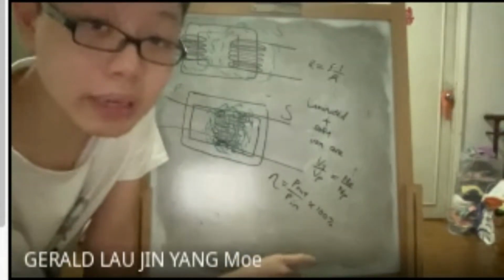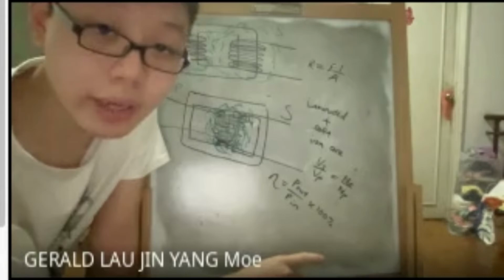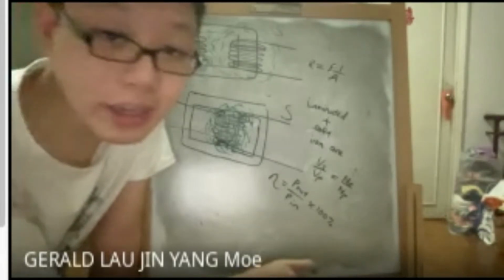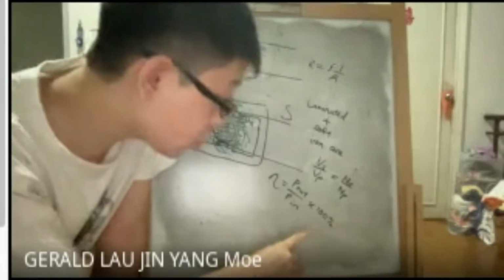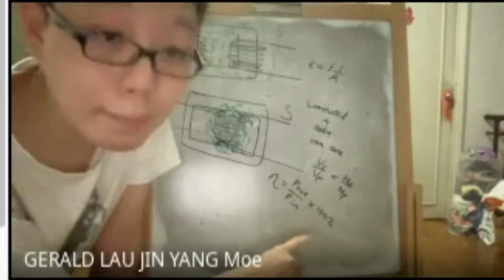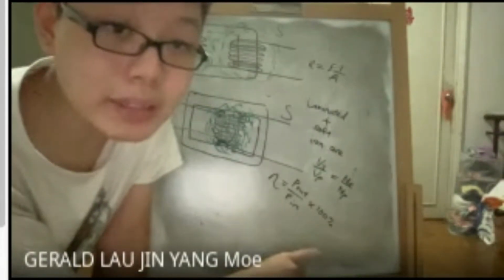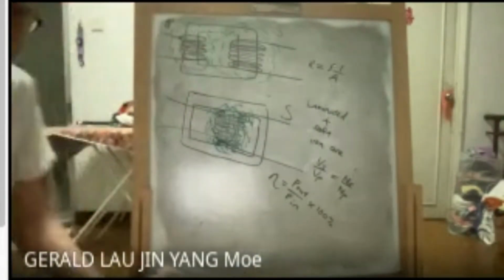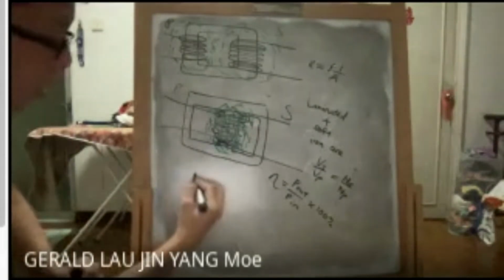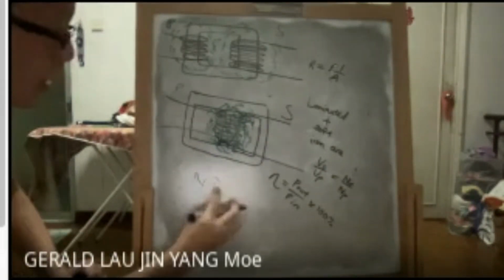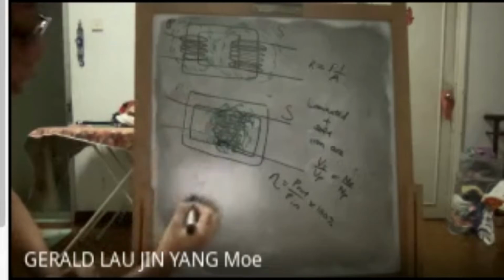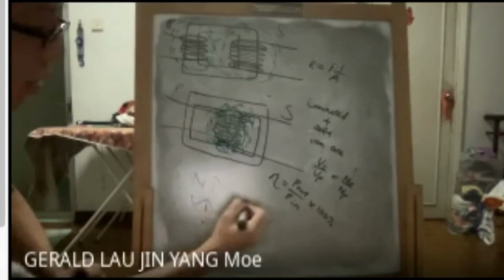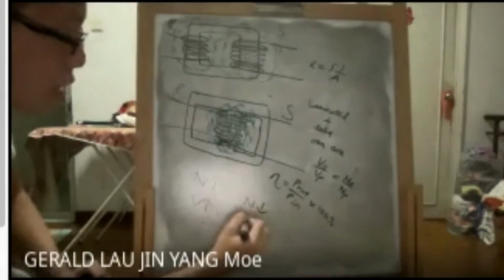Your Vs is 18. They give you Ns is 60, so you have to find Np. Your Np is 800. When your number of coils is higher, your voltage will be higher. When the N is smaller, your voltage will be smaller.